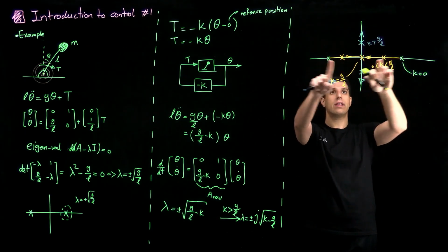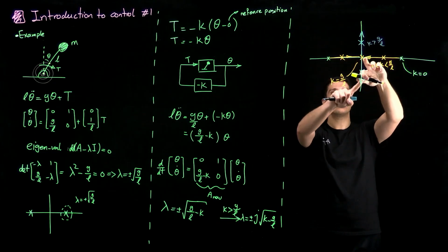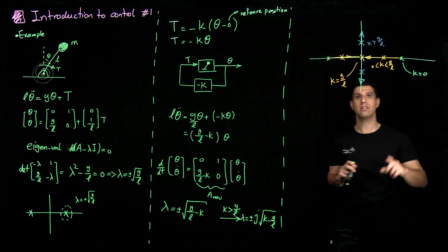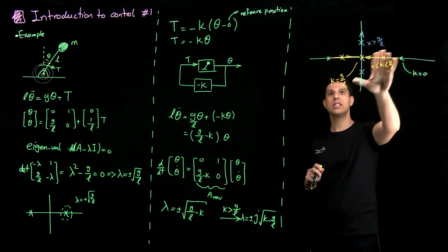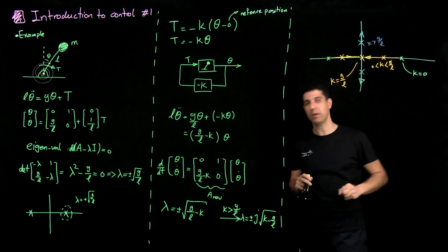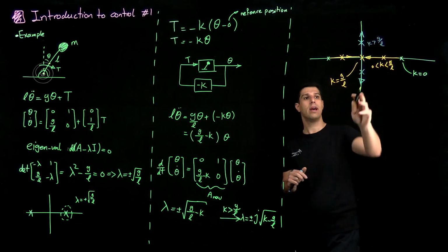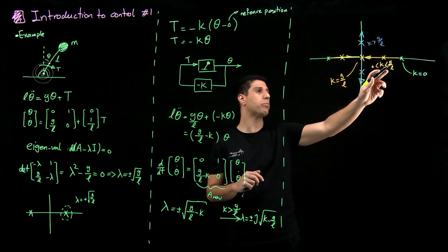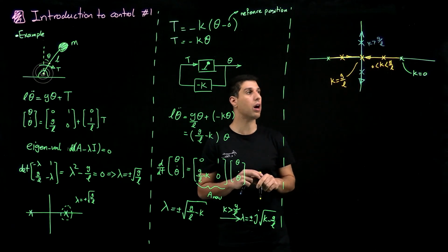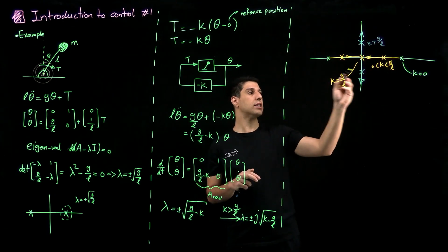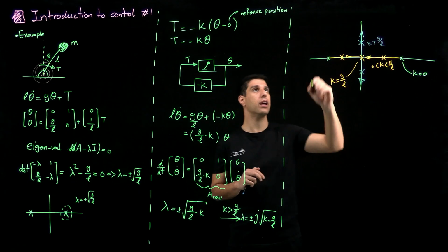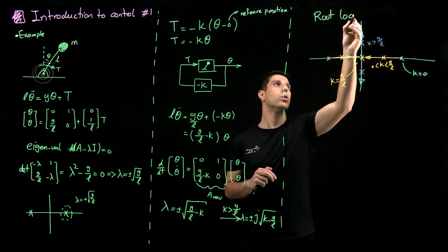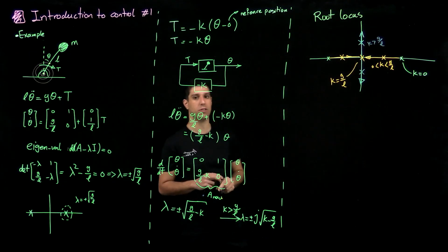So looking at where the poles go as I change my K value, I can try to see how the stability of my system changes. And this concept of showing the poles of the system, or the eigenvalues, as a function of your feedback gain is called root locus, or the locations of the roots.